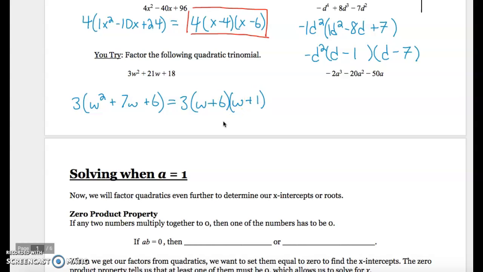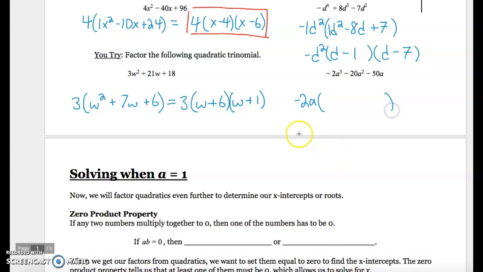All right, in this next problem, we're going to go ahead and do the same thing. So if there's a GCF first, I'm going to pull that out. So it looks like I have a negative that can go into every one. I have at least one a that's in every term, and then I think these are all divisible by 2. So I'm going to pull out a negative 2a, and then we'll figure out what's left over.